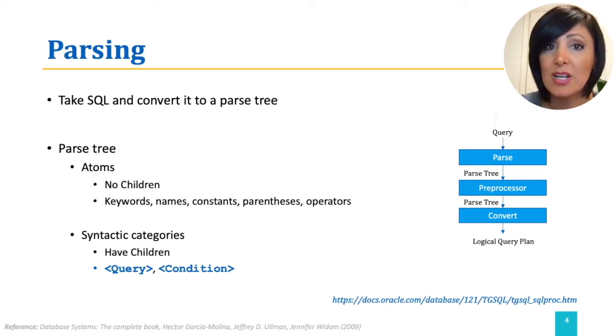Syntactic categories are names for categories of query subparts, like a query, a condition, or an attribute. They show that they can be substituted by an element of that category.